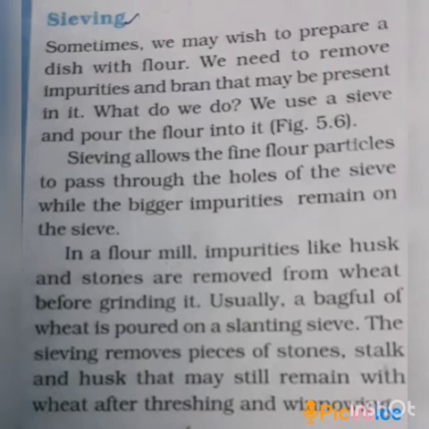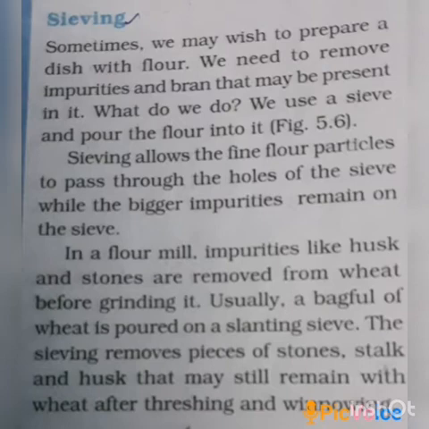Yes. In a flour mill, impurities like husk and stones are removed from wheat before grinding it. Did you see, children? Yes. The flour mill also has a sieve. The sieve is used to remove the stones and impurities from the grains before grinding.